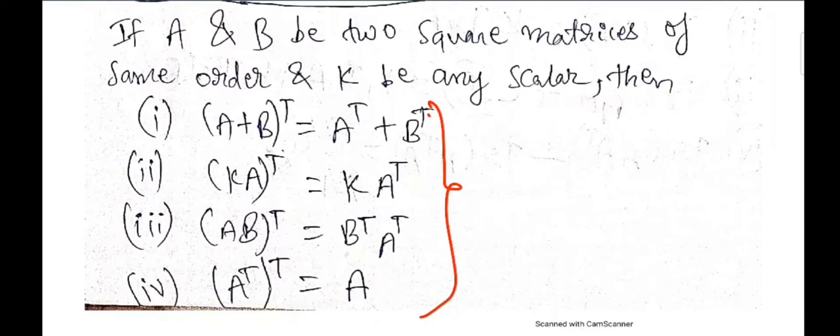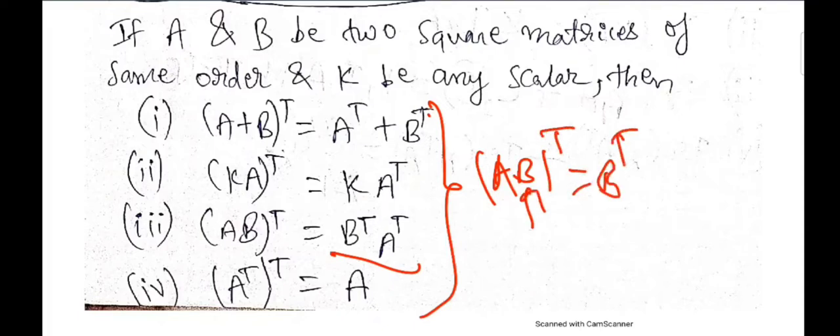A B transpose is equal to B transpose A transpose, means we will invert the order. When we take A B transpose, the latter term will come first and the first term will go afterwards.